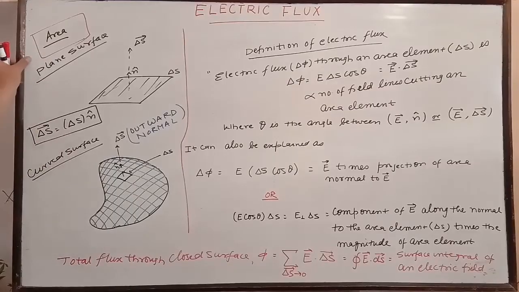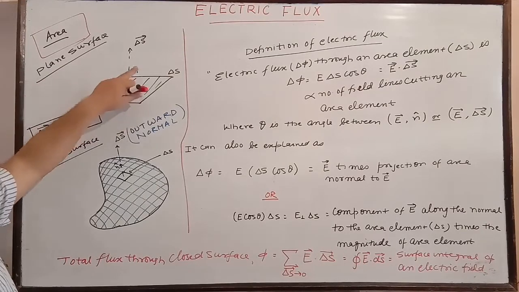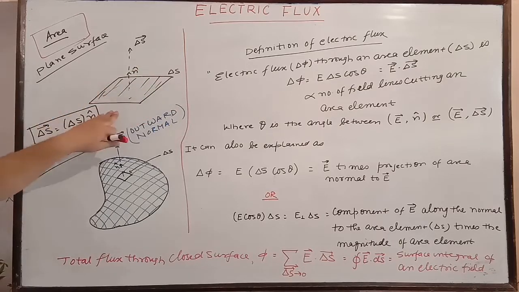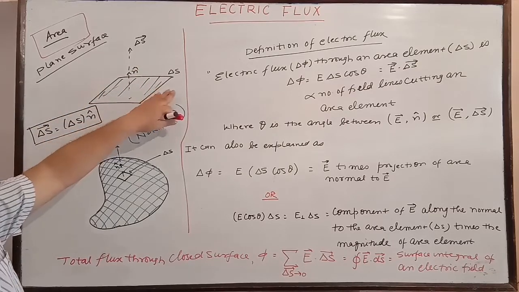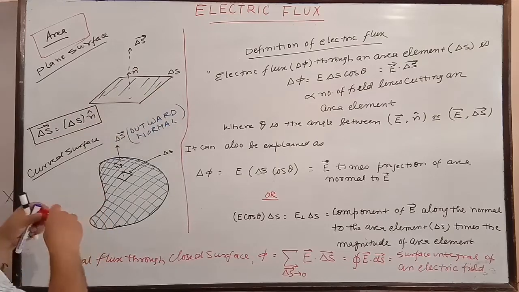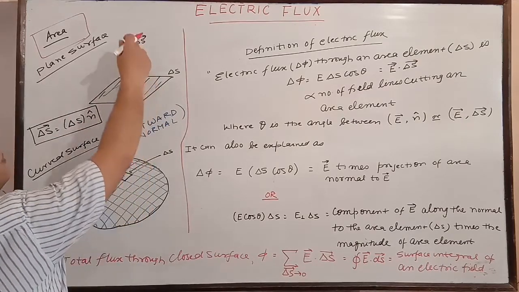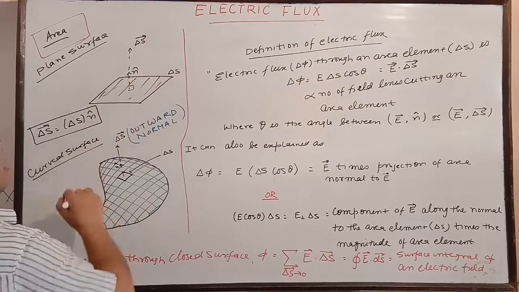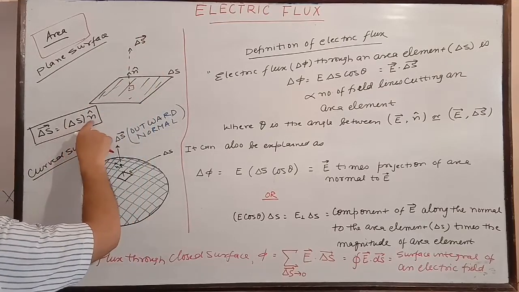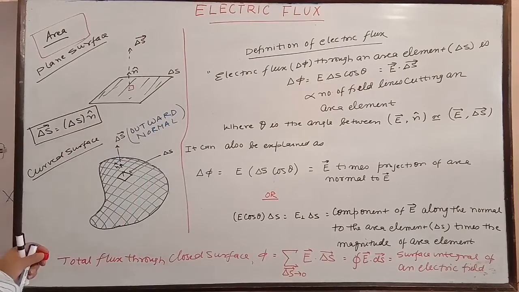Now the direction of area, what we had been talking about. When a plane surface is taken, as per the cross product of two vectors, the area vector is normal to the plane of the given element. So delta S normal is this, so that is what we have taken. This is the area direction.